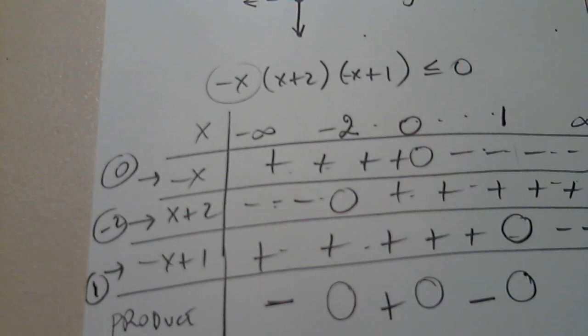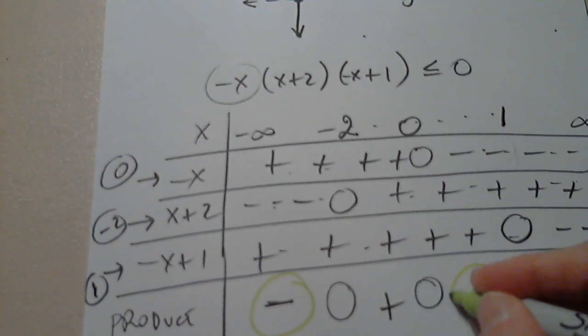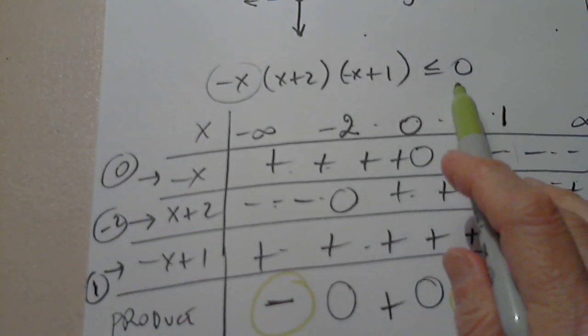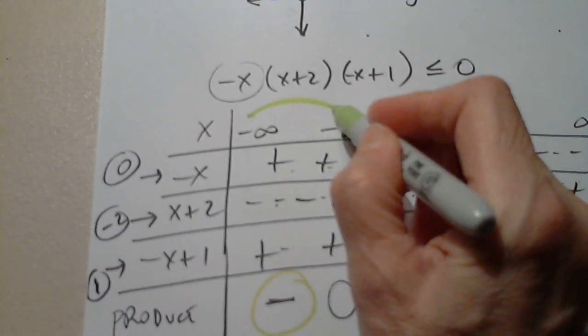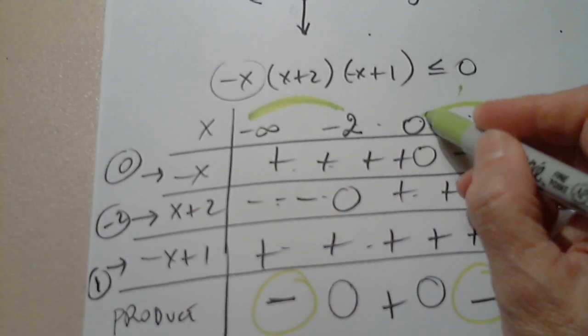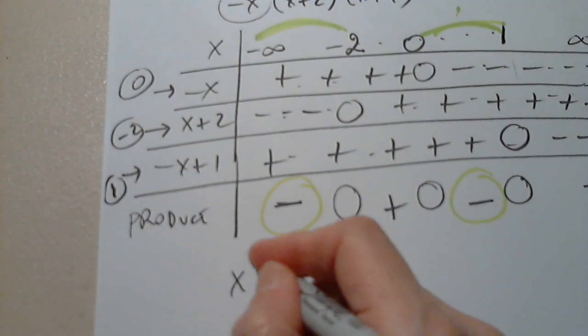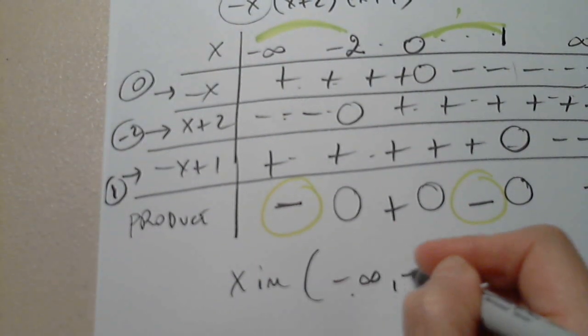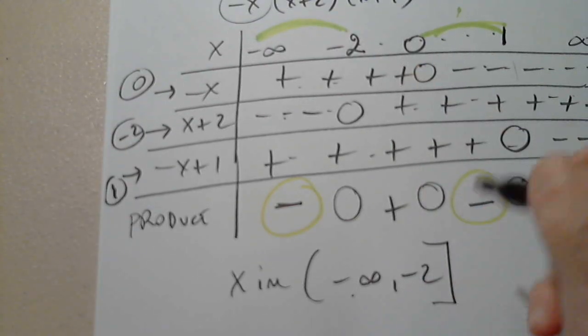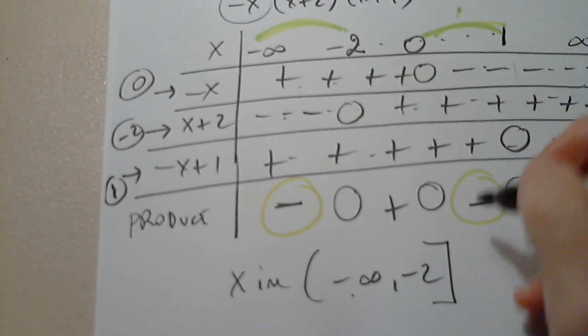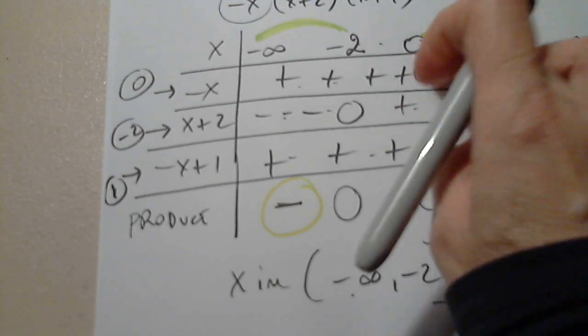So I am after negative. The equal symbol is there, which means this and this. So then the solution: x in the interval, negative infinity, negative 2 with a bracket because of the equal symbol, union, both with a bracket, 0, 1.